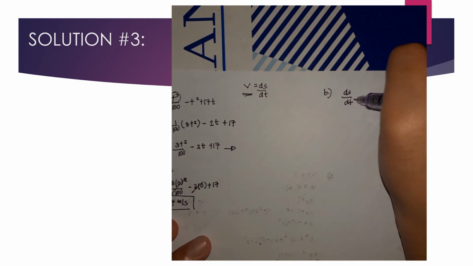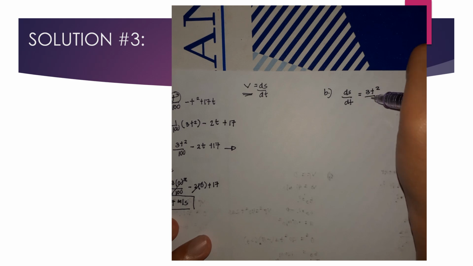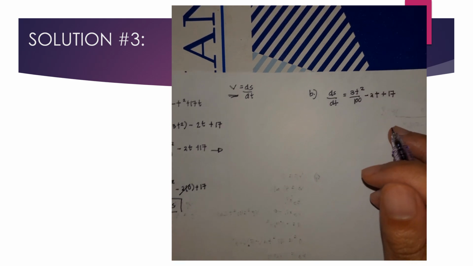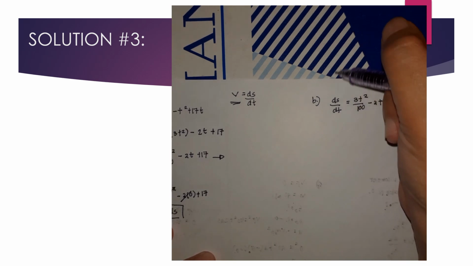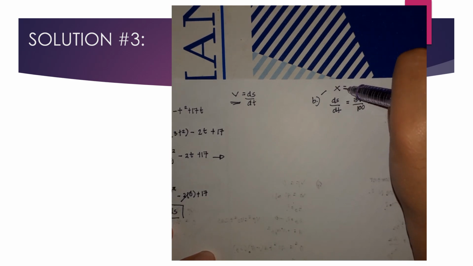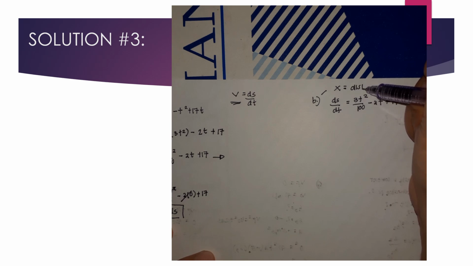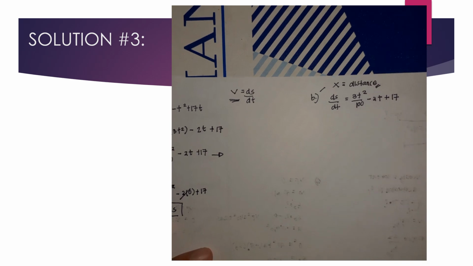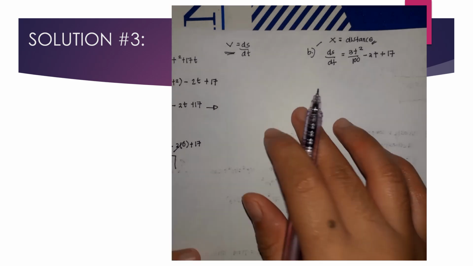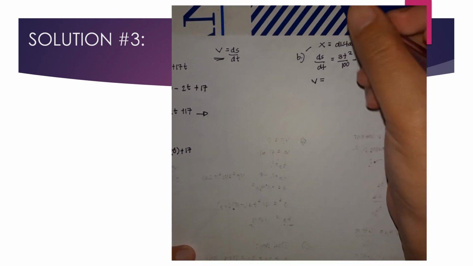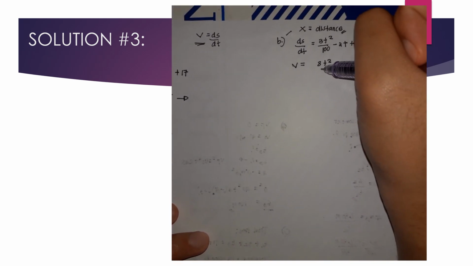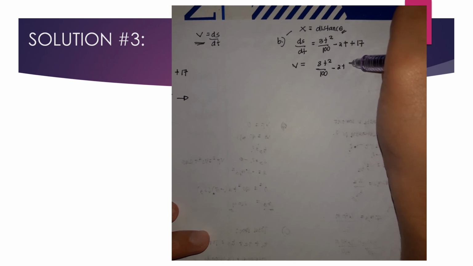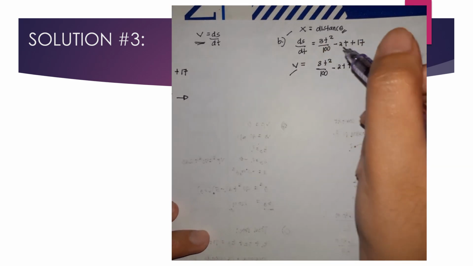Velocity is equals to 3t squared over 100 minus 2t plus 17.